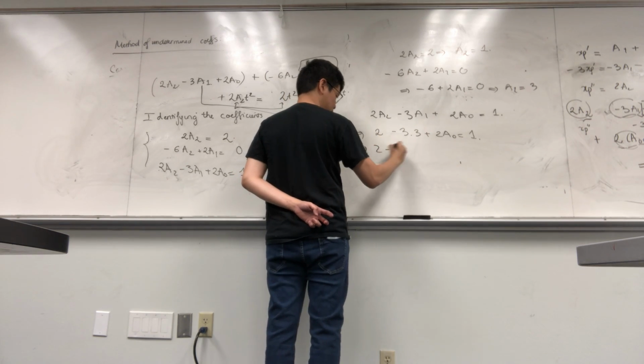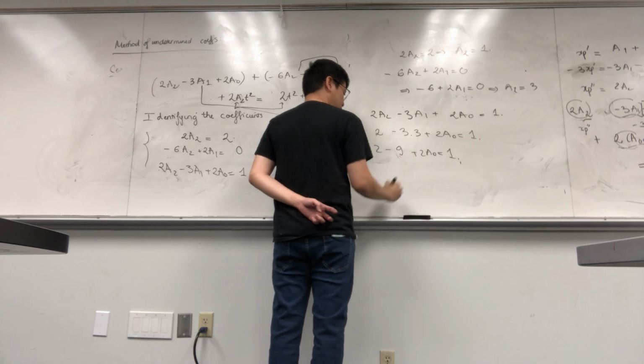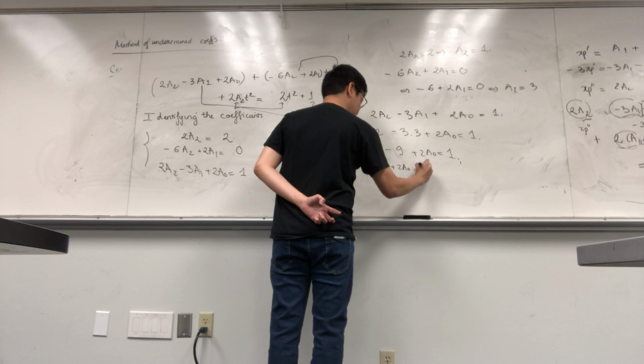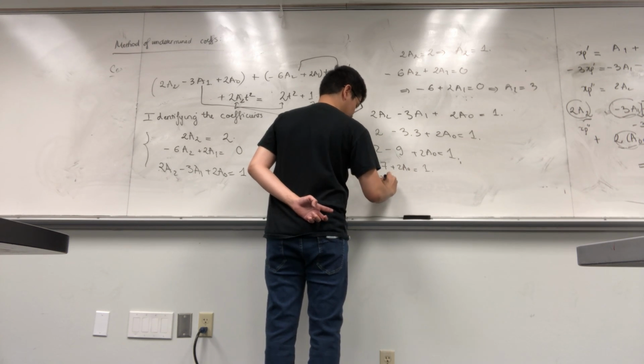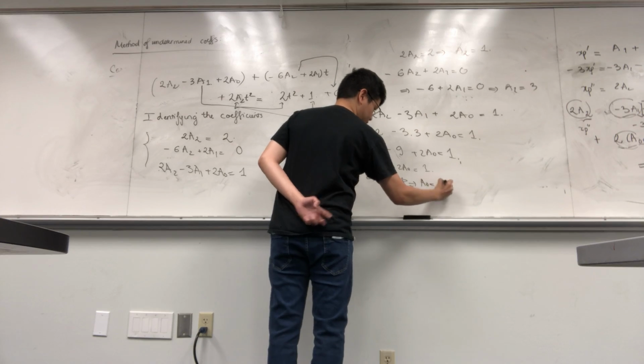So this is 2 minus 9 plus 2a0 is 1. So minus 7 plus 2a0 is 1. So 2a0 is 8. So a0 is 4.